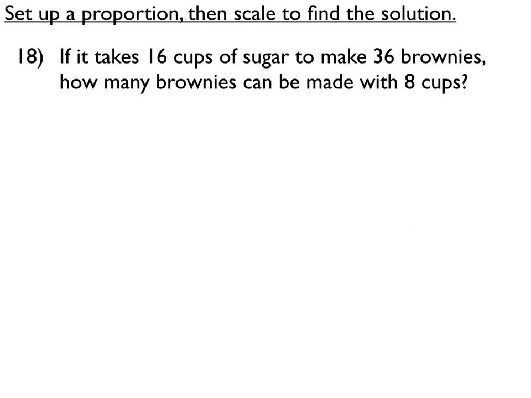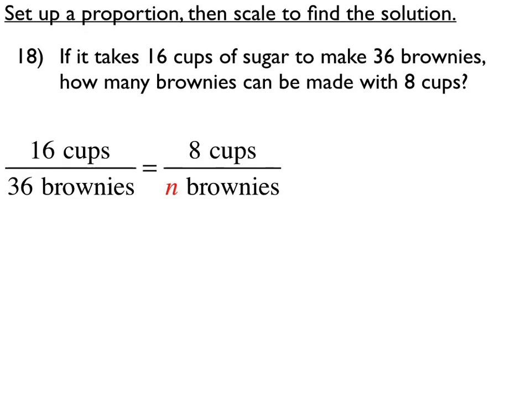Number 18. If it takes 16 cups of sugar to make 36 brownies, how many brownies can be made with 8 cups? The given ratio is 16 cups of sugar for every 36 brownies. On my setup, I have cups on top of both of my ratios. That's the one thing that you have to make sure of when you're doing this.